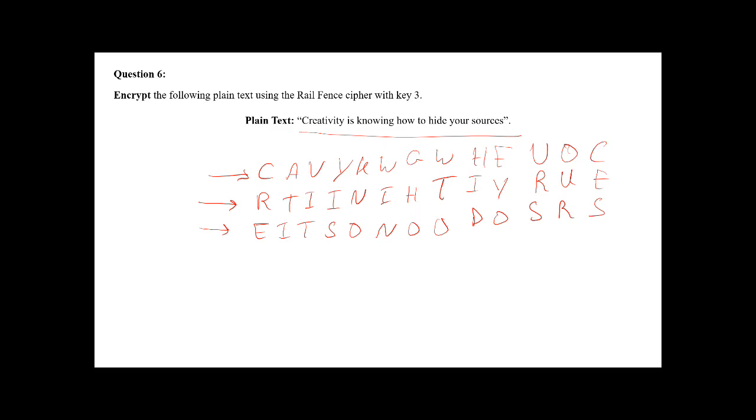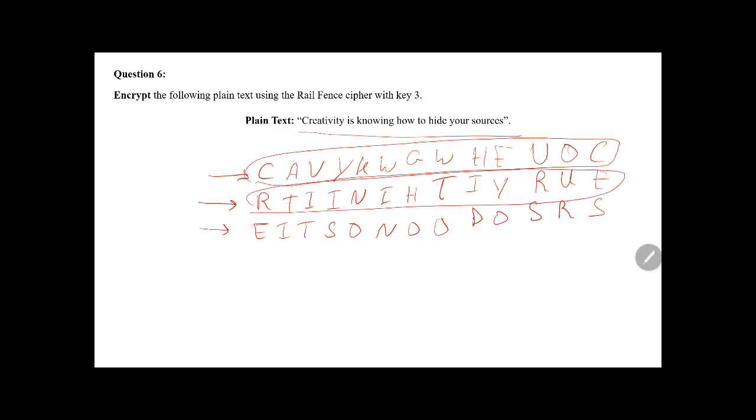So what we do next is that we take each row here all together, not as columns as we did, and we combine them together. So this goes then this, the second one goes after this, and this goes after this, just like that.